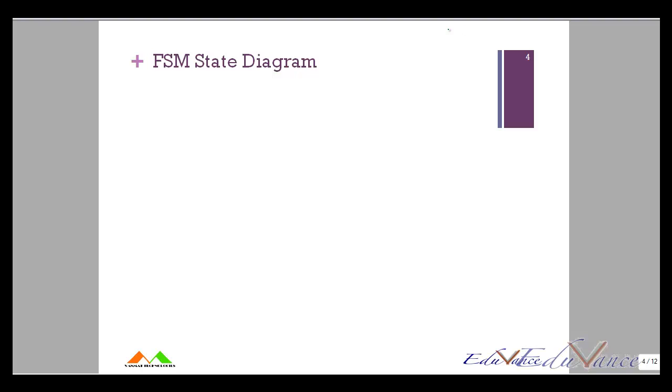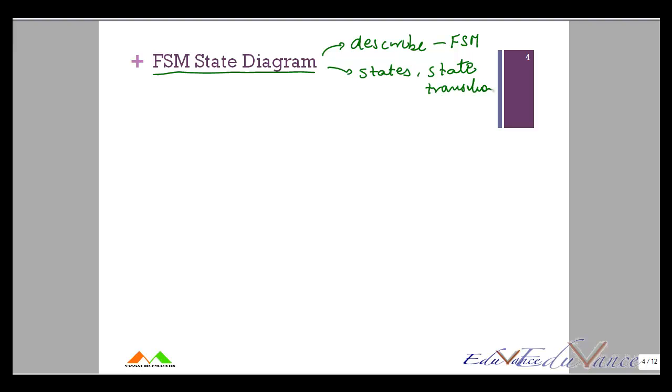So to describe a FSM, you use something called a FSM state diagram. An FSM state diagram, as the name suggests, has states and state transitions. So let's look at an example.